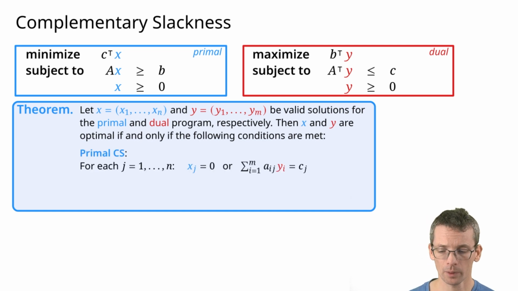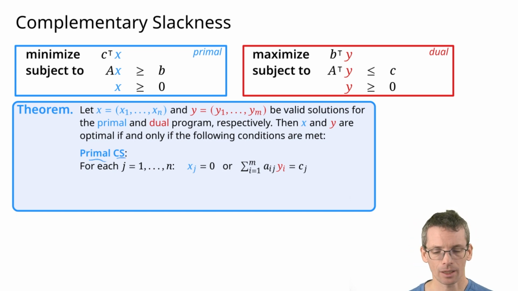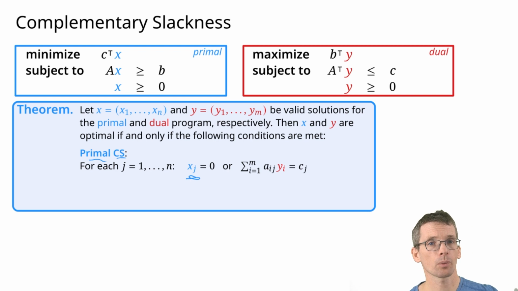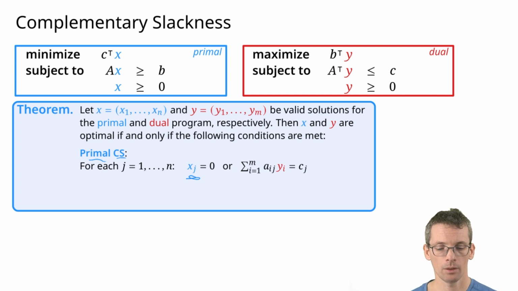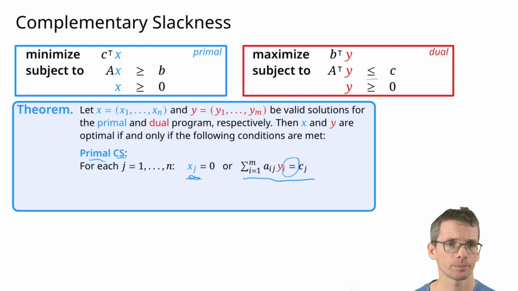And what does complementary slackness mean? It comes in two forms. We need to have primal complementary slackness, meaning that either the variable xj is 0 or the corresponding dual constraint, that is this one here, has no slack, meaning instead of so in the constraint we simply have smaller equal, but if xj is not 0 and x is optimal, then we need to have equality here.